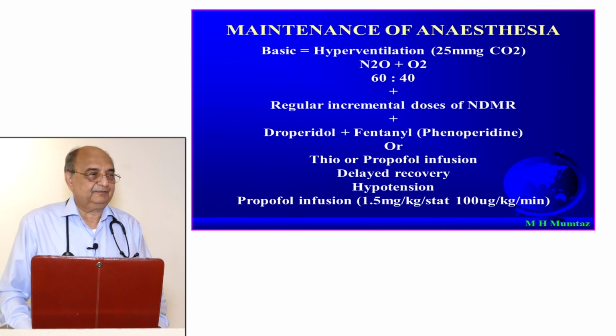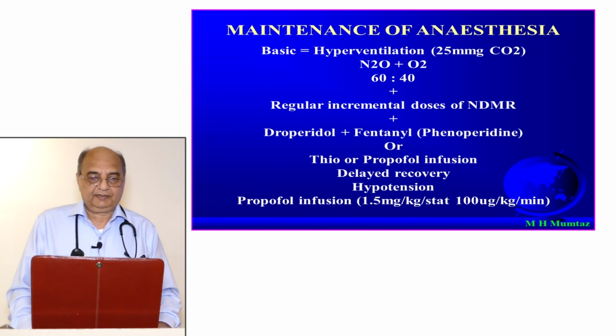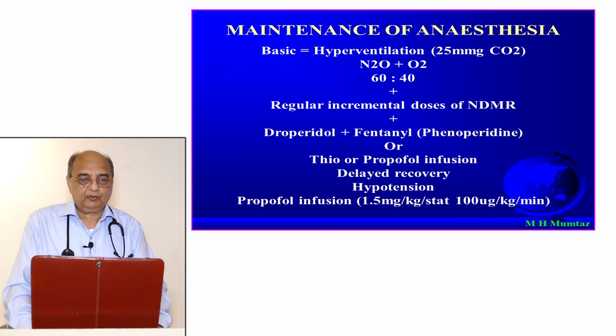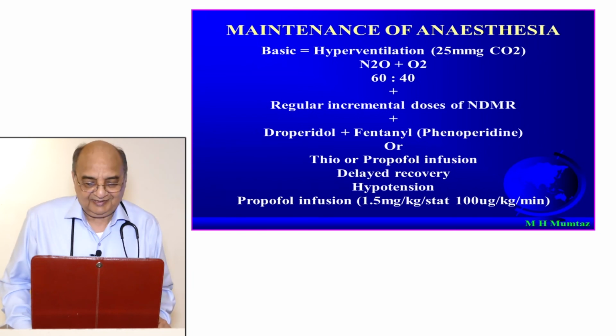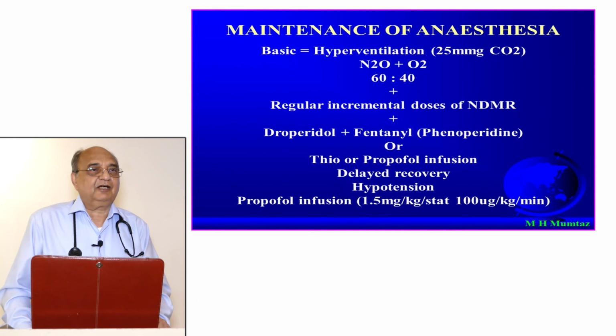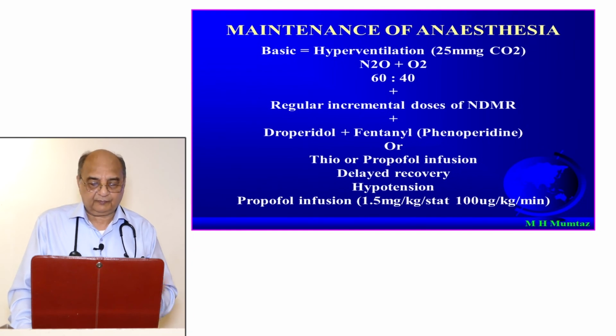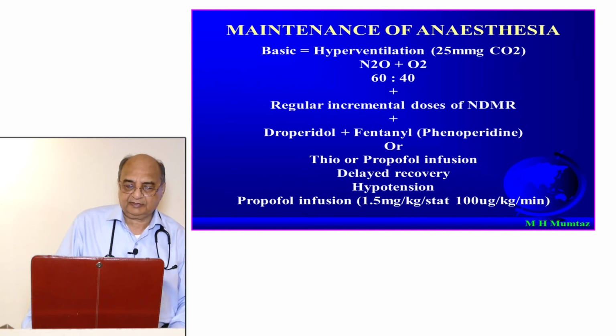Maintenance of anesthesia, basic. Hyperventilation up to 25 or 30 millimeters of mercury with nitrous oxide and oxygen, 60 to 40 ratio. Regular incremental doses of non-depolarizing muscle relaxant, or you can give continuous infusion also. Then droperidol or fentanyl or phenoperidine, there are different choices of drugs.